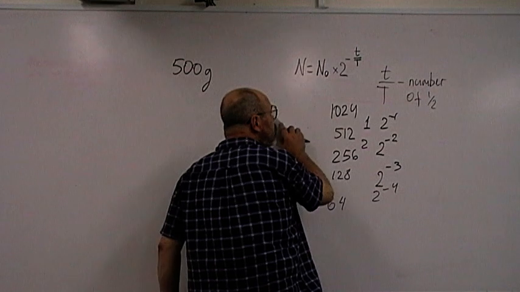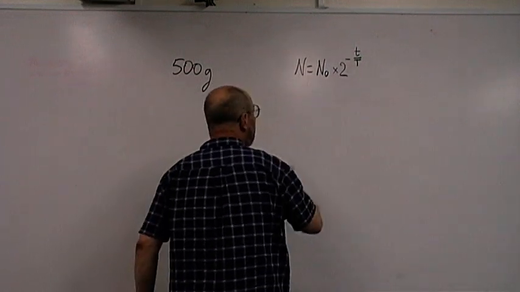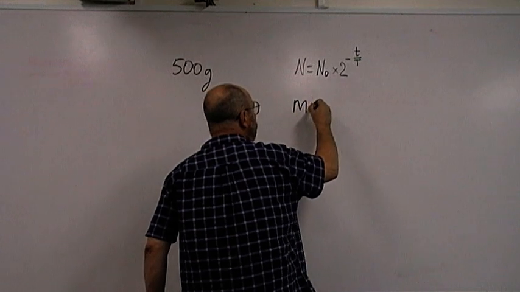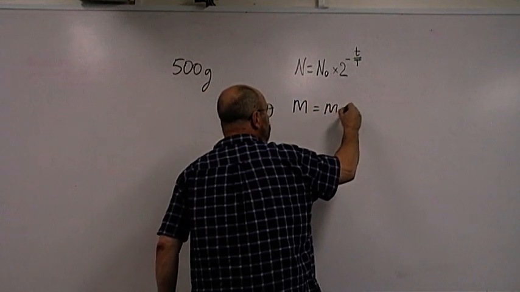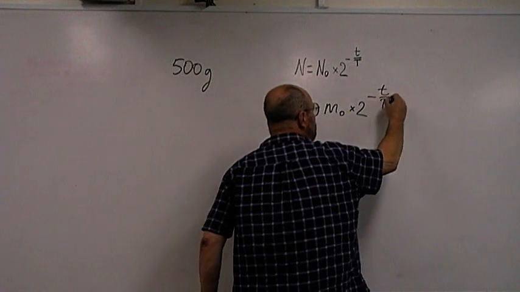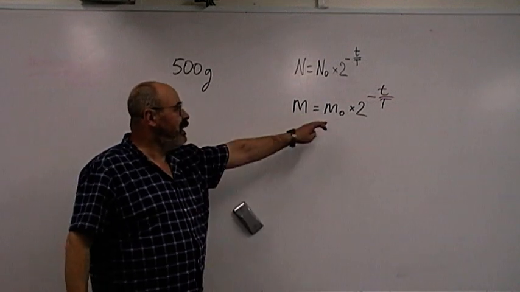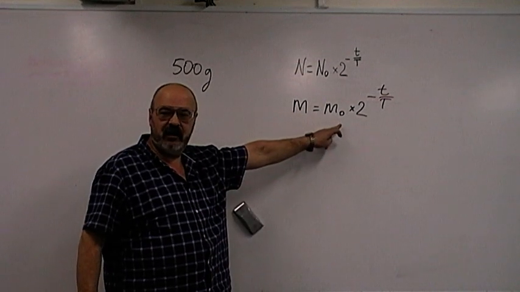We can rewrite this formula for the mass of undecayed material, and that is where students get a little bit confused. M equals M0 times 2 to the negative t over T, same thing. What's the 0 in M0? Initial.